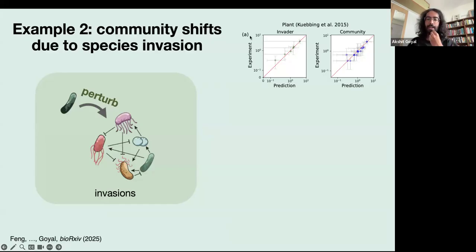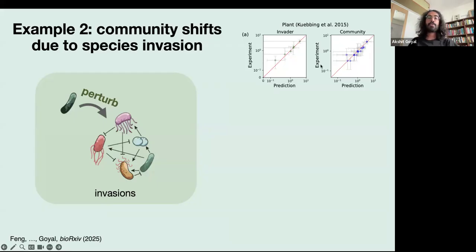And what we're trying to do here is, on the y-axis are measurements made in these experiments about what the invader abundances were like and what the community abundances were like after this invasion, which is acting like an effective perturbation. And the x-axis over here is our prediction from our linear response framework. And you can see that over orders of magnitude, we can predict both roughly what the invader abundances are going to be after this perturbation, as well as what the community abundances are going to be after the perturbation.